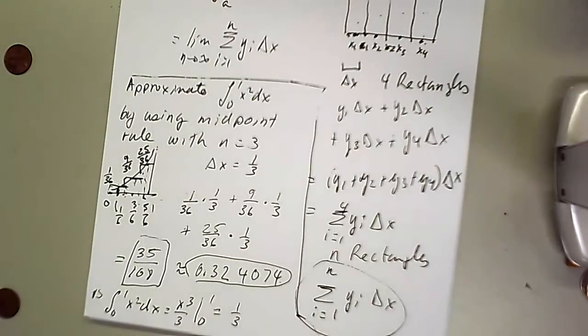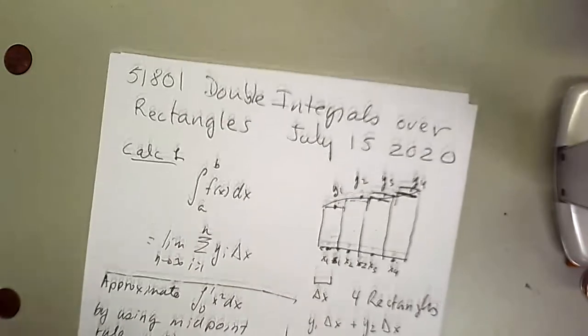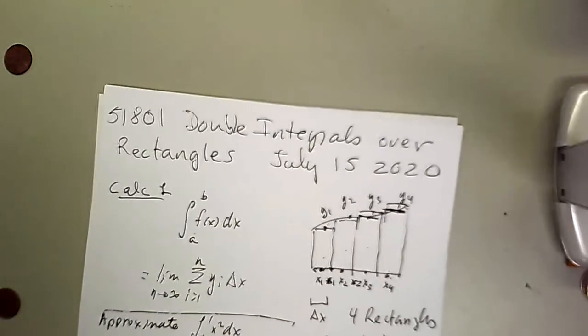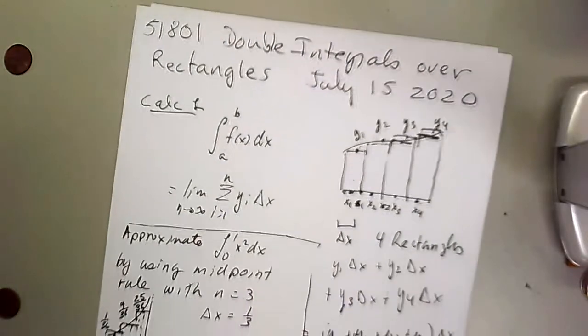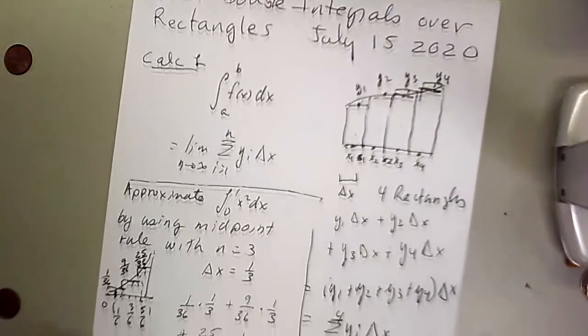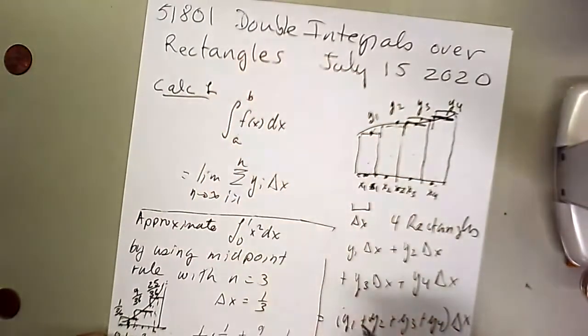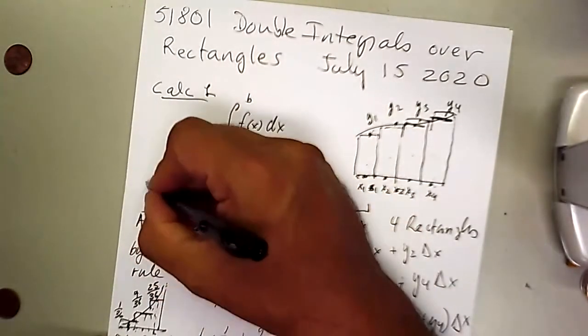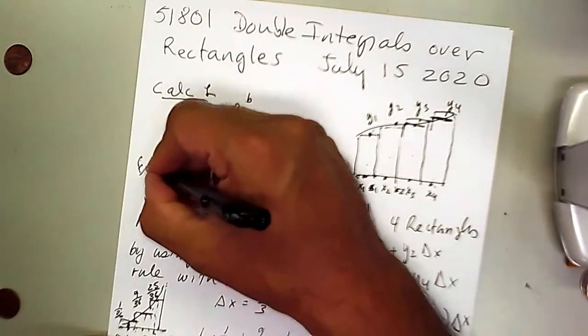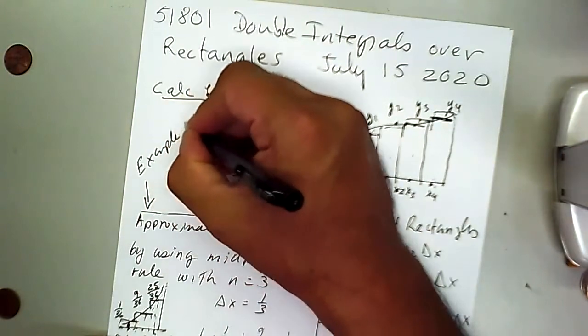We can always do that, even with really ugly, terrible integrals. You can always get an idea of what the solution should look like. All right. Let's label this as example 0 so that we can refer to it if you have questions about the video. So this guy, we're going to call it example 0.